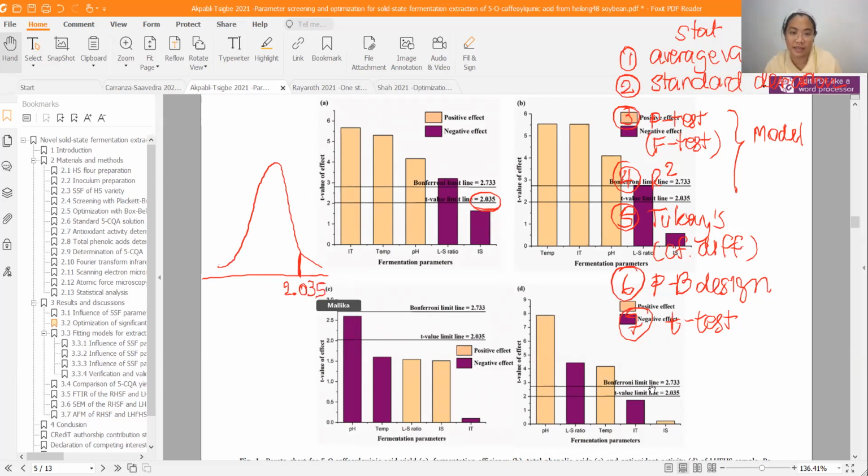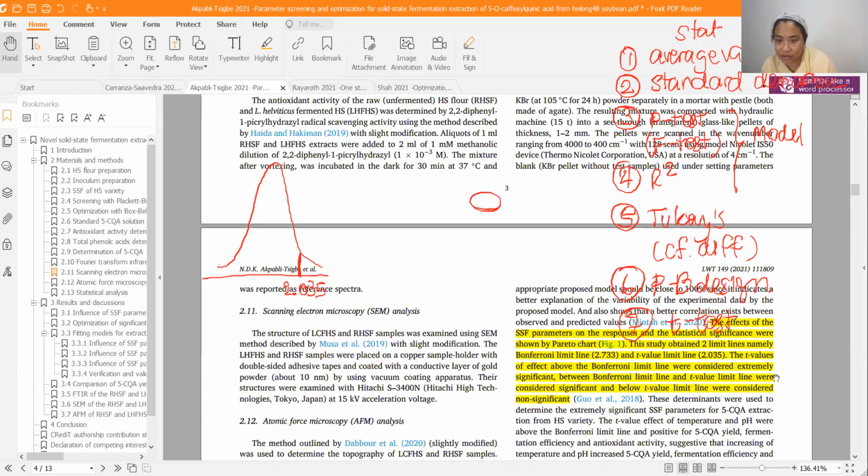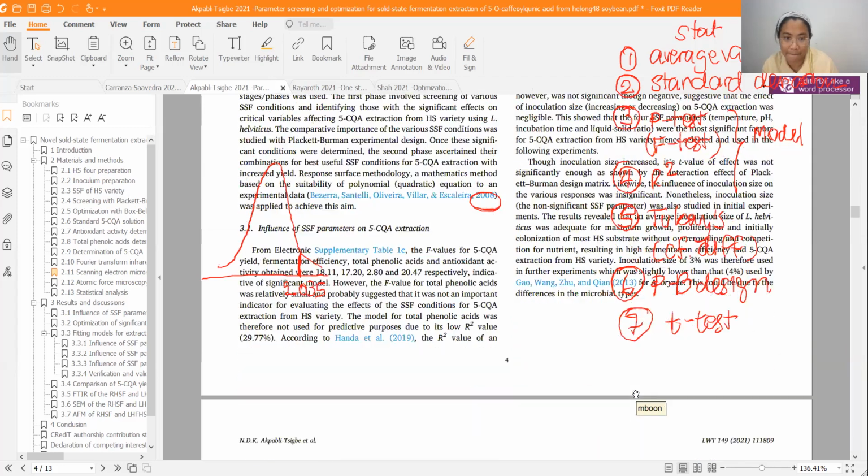And what they said is that if the t value they calculate is below the t limited line, it is non-significant.